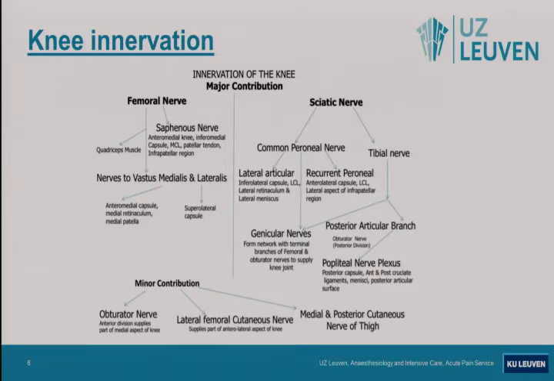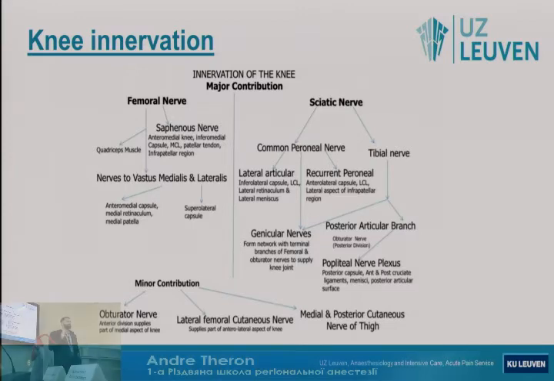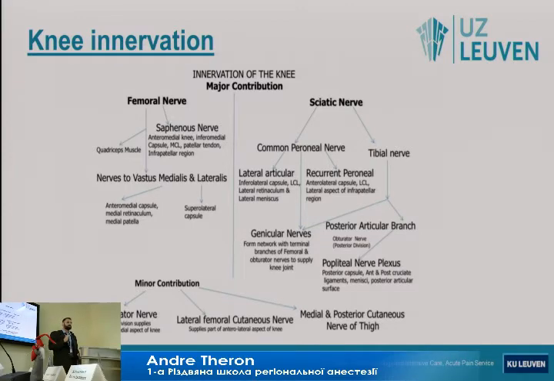And the posterior compartment, the sciatic nerve, we have different contributions for different things. So once you think about doing regional anesthesia for knee surgery, you have to think, what is this surgery? And what part of which compartment is really necessary to block, to have this patient pain-free and mobile.